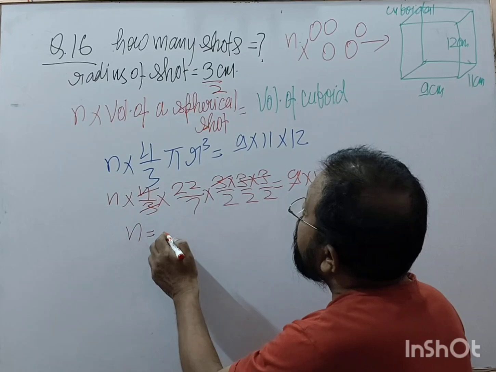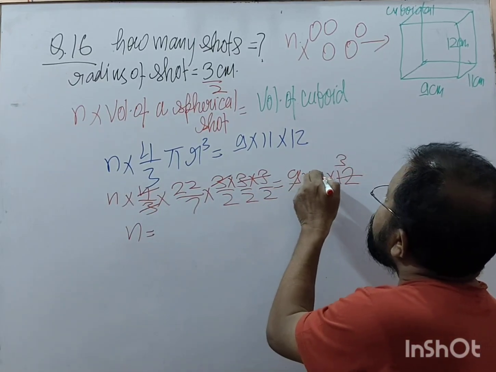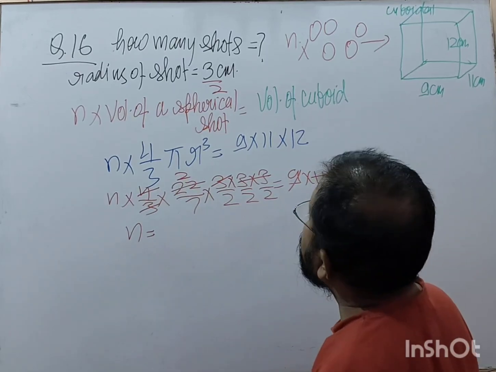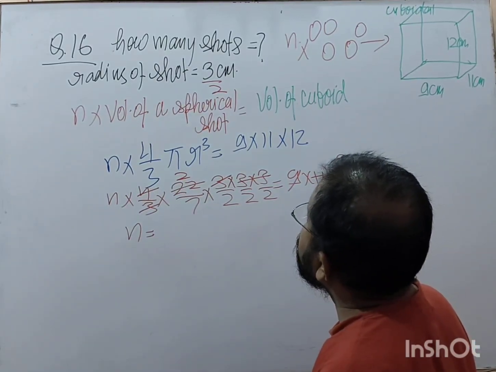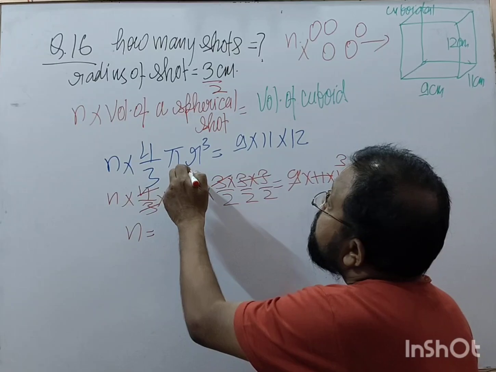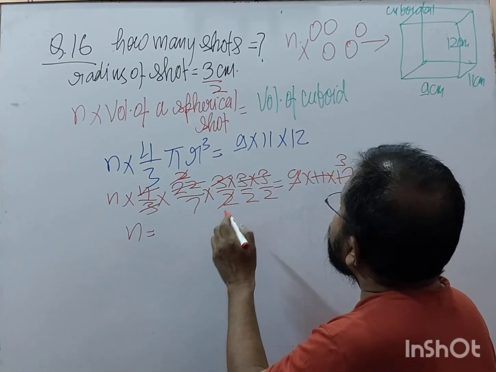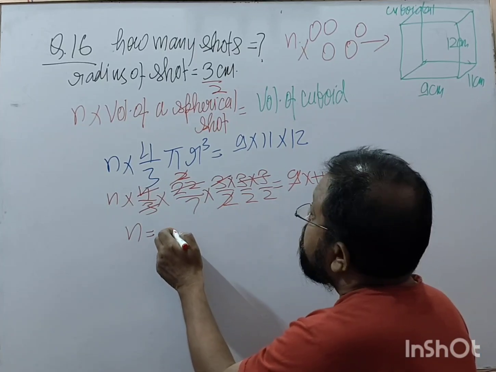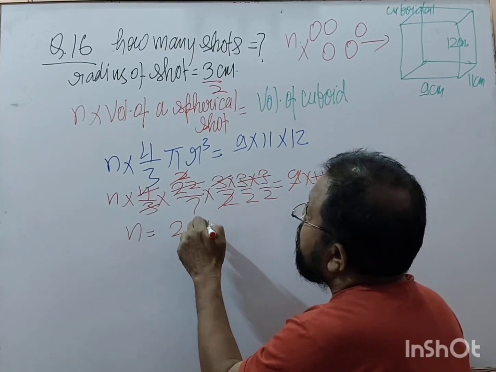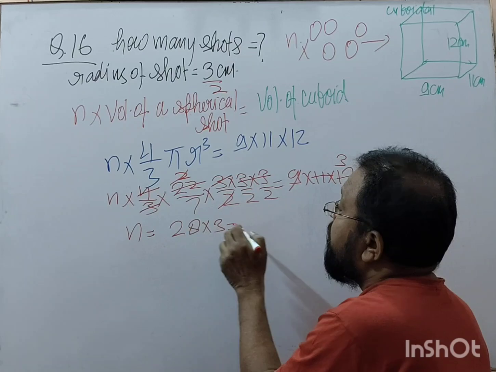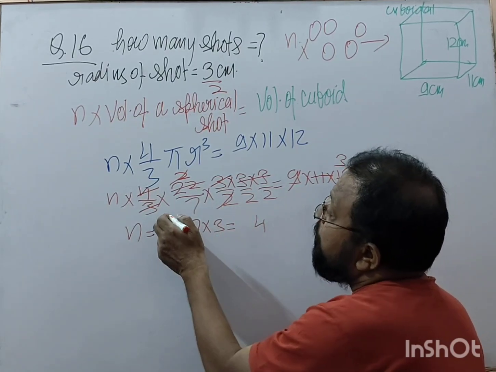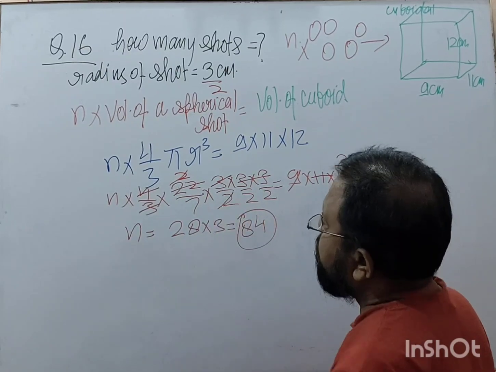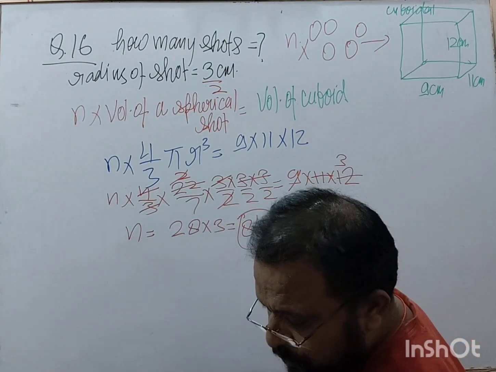So n is equal to, and this 2 and 2 is cancelled out, and this is 28 into 3. 8 times 3 becomes 24. We get 2. 3 times 2 becomes 6. So 84. So we both make a mistake.